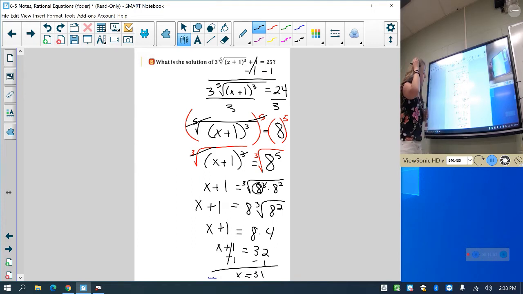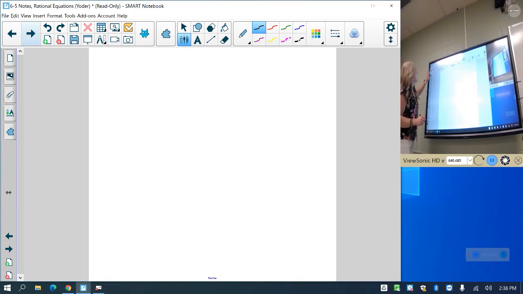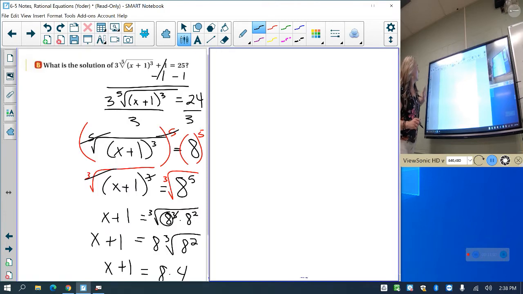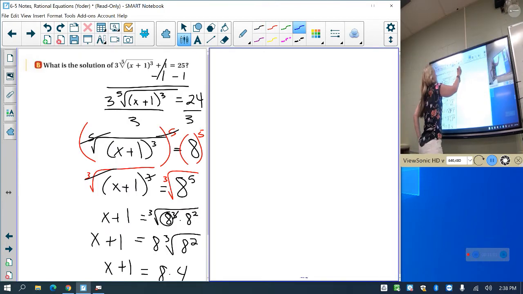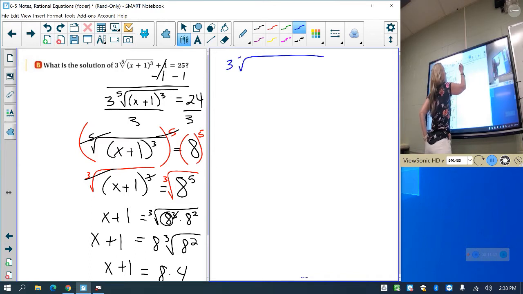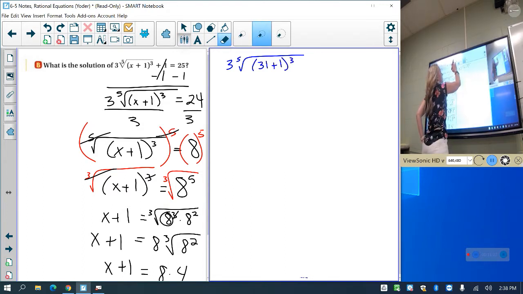Now, before you move on, make sure you check your solution. So I'm going to go ahead and plug 31 in here. So I have 3 times the 5th root of 31 plus 1 cubed. And then outside of the radical, I have plus 1.